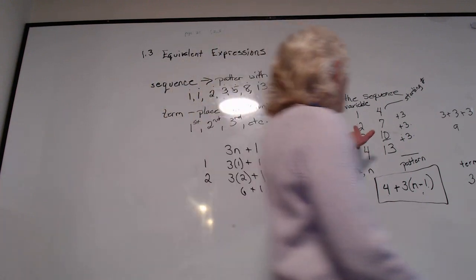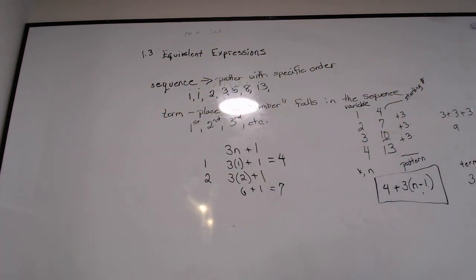Look at that, term 2 is 7. Both of these are ways to describe this pattern, just in a different way.